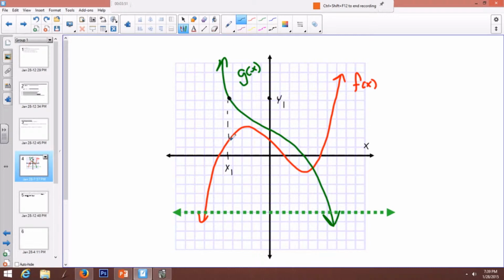So if we go like that, those things match up. Whereas if I pick say a single x value here, which I'll call x2, we can see that this y2 also corresponds to another point x3. So the red curve is not a one-to-one function, whereas the green curve is one-to-one.